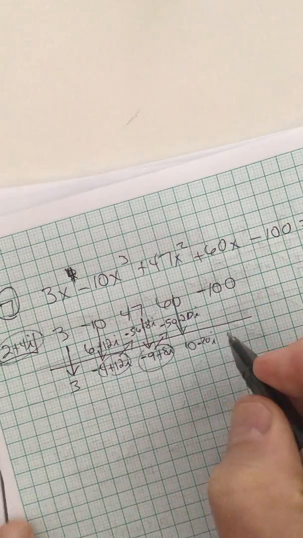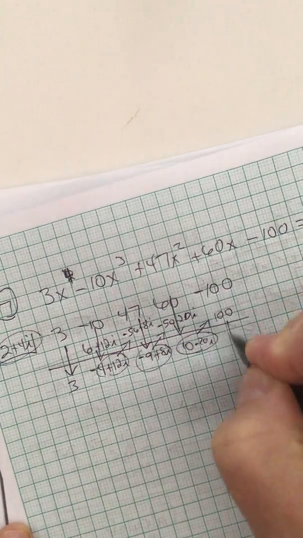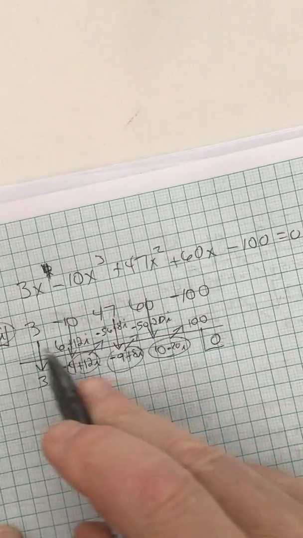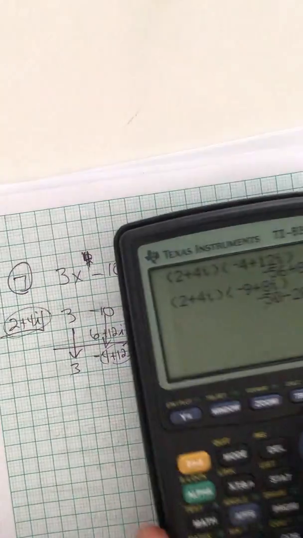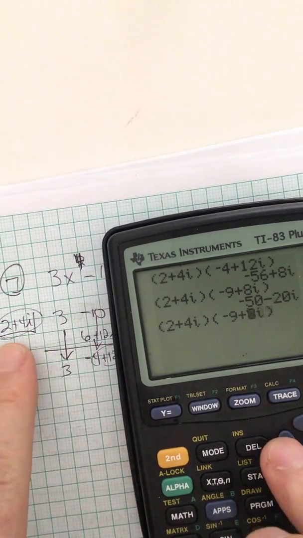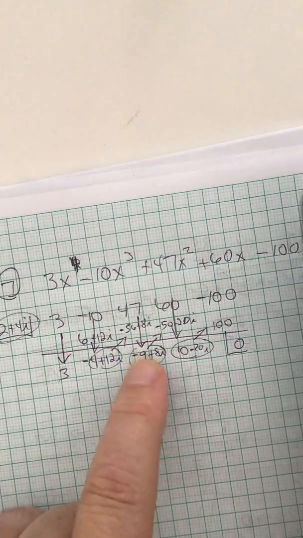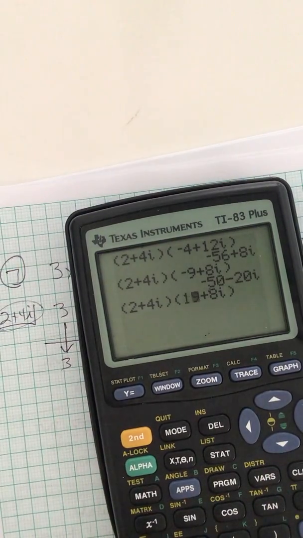Now I already know if I did it right, this one times this one had better be 100 so that this adds up to 0 because it told us it was a 0. So if you're confident you've done it right so far, that's got to be 100. I'm going to confirm that, so I'm going to multiply it together. 2 plus 4i, and I'm going to multiply that by 10 minus 20i.